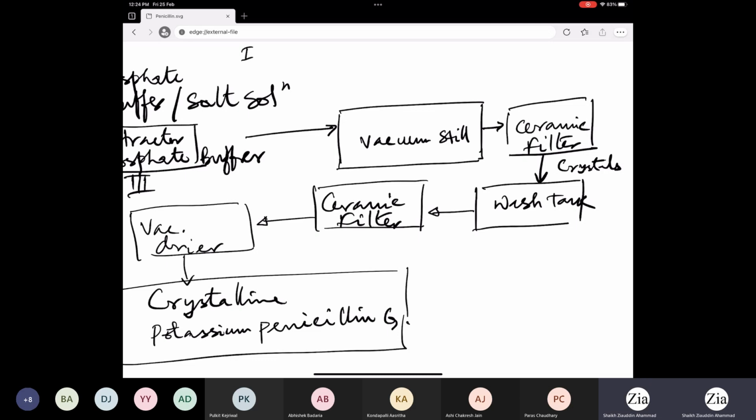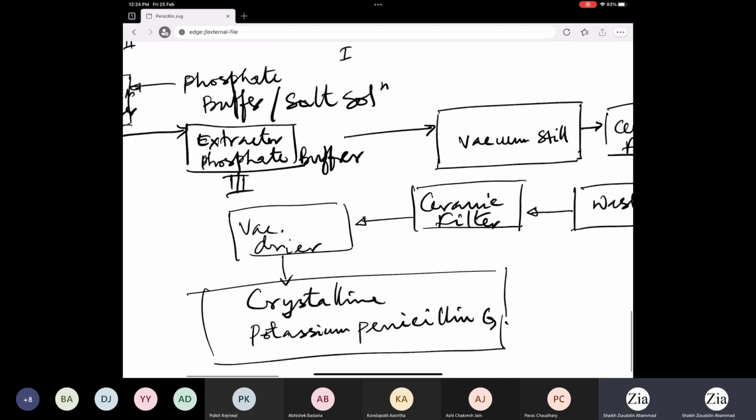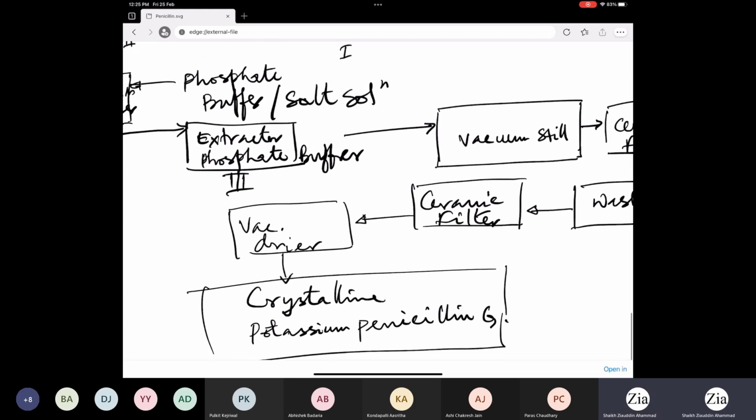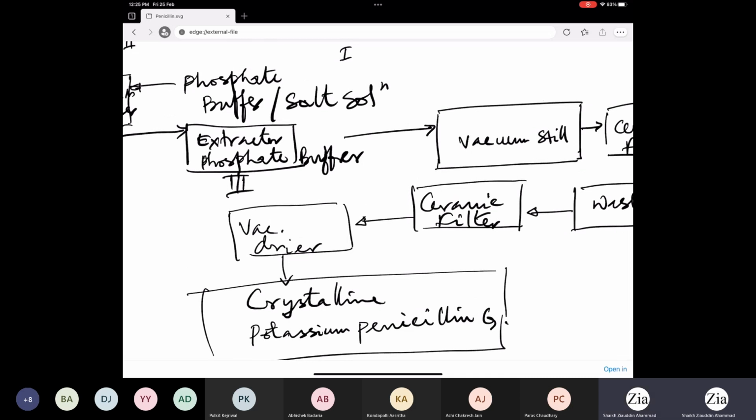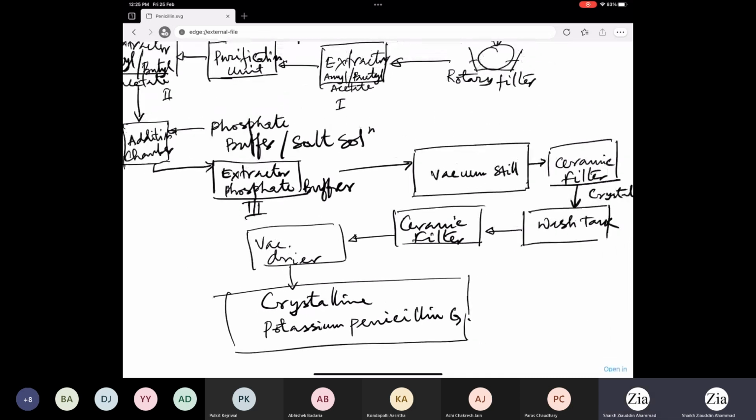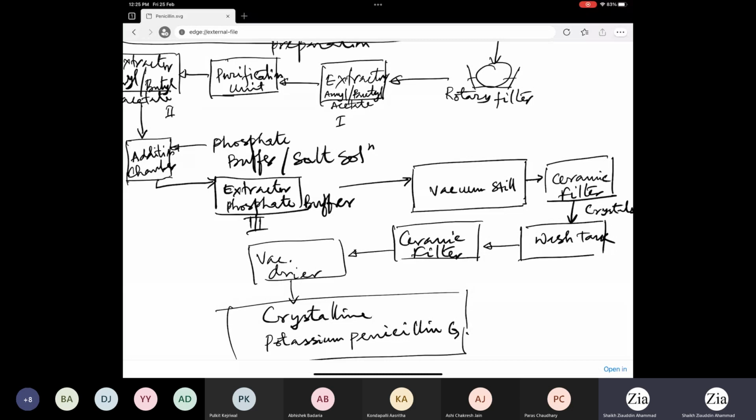And mostly water or buffer solutions are used in the wash tank. Then it will again go to another round of ceramic filter. And then finally, you do vacuum drying, and then you get the crystalline potassium penicillin. So that is the extract of this entire production process.